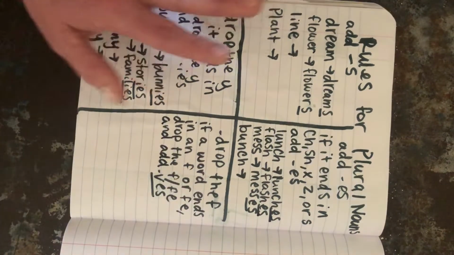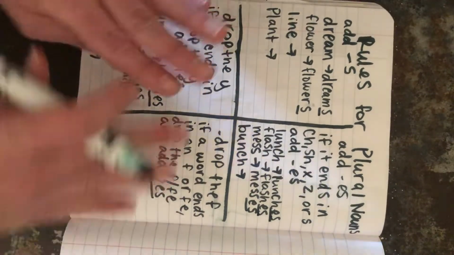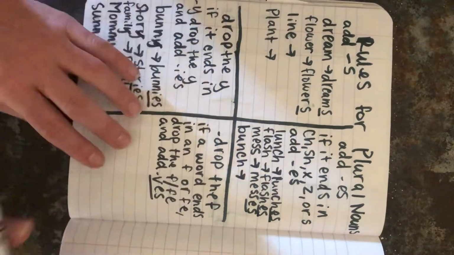I know this is a lot of rules, but we're going to have an anchor chart up in the room for you to refer back to this. We just have to lay our foundation here, guys.